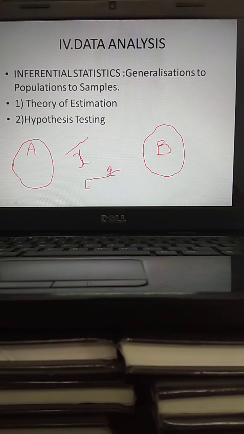Understand? In the upcoming slides, we are going to understand exclusively the theory of estimation, that means understanding the unknown population, where we don't know any information about that city. After that, we will understand hypothesis testing. Okay?